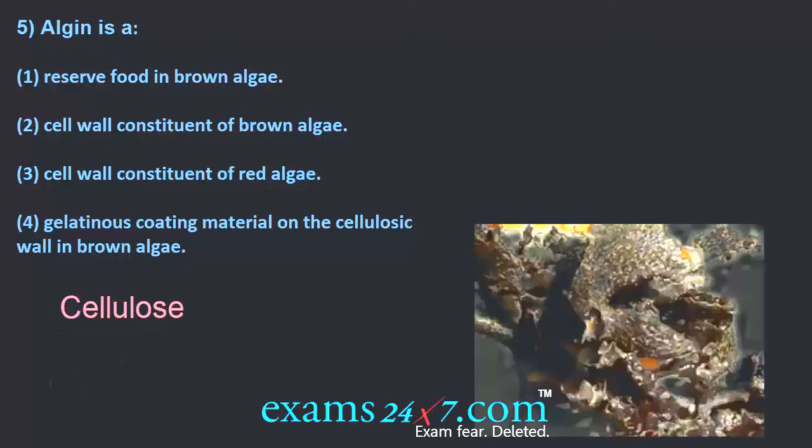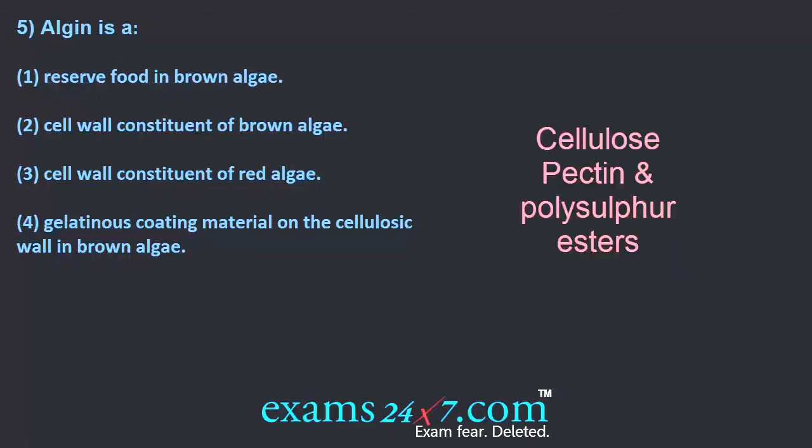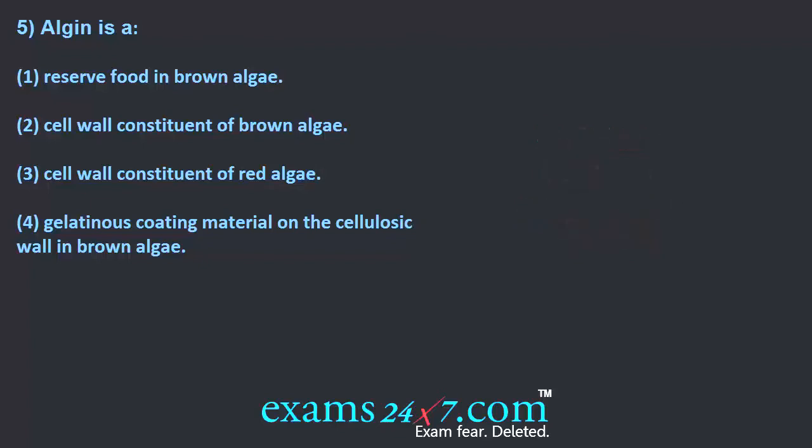I hope all of you know, cell wall constituent of brown algae is cellulose. And then, cell wall constituent of red algae. I hope all of you know, in red algae we have cellulose, pectin and polysulfate esters. Option 4, gelatinous coating material on the cellulosic wall in brown algae.